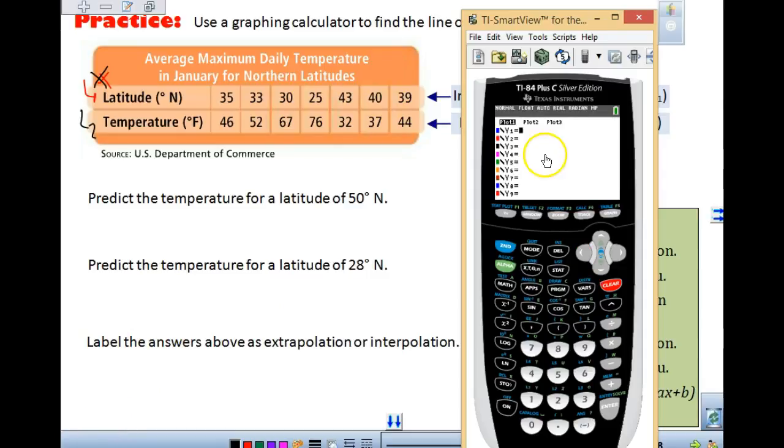Stop. We now are going to hit zoom. What kind of zoom do we want for our graph? 9, statistics. Zoom. But some of you didn't have your data points in, even though you told me you all have your data points, and some of you weren't there yet.